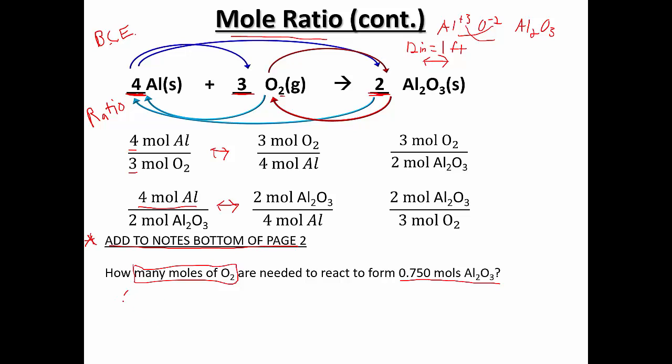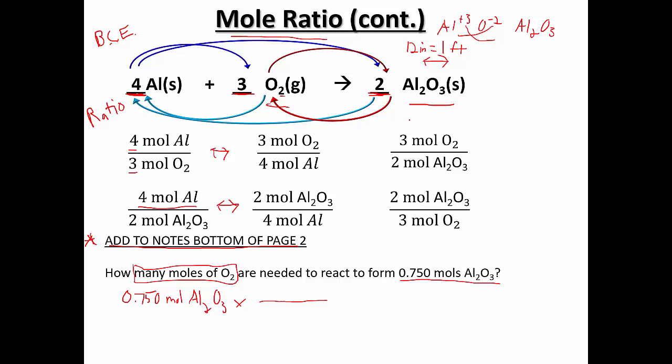So we know we're starting out with 0.75 moles of Al2O3, and we're looking to see how much oxygen we're going to need to react. If we look up above, Al2O3 to oxygen, that ratio is 2 moles Al2O3 to 3 moles of oxygen.